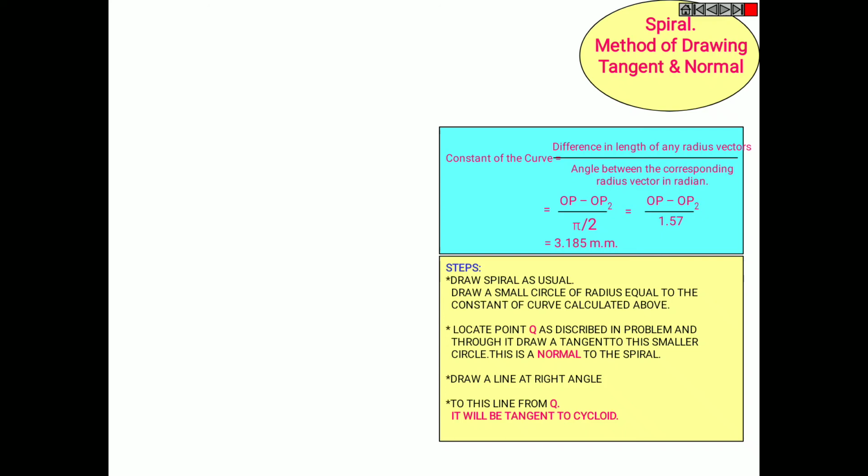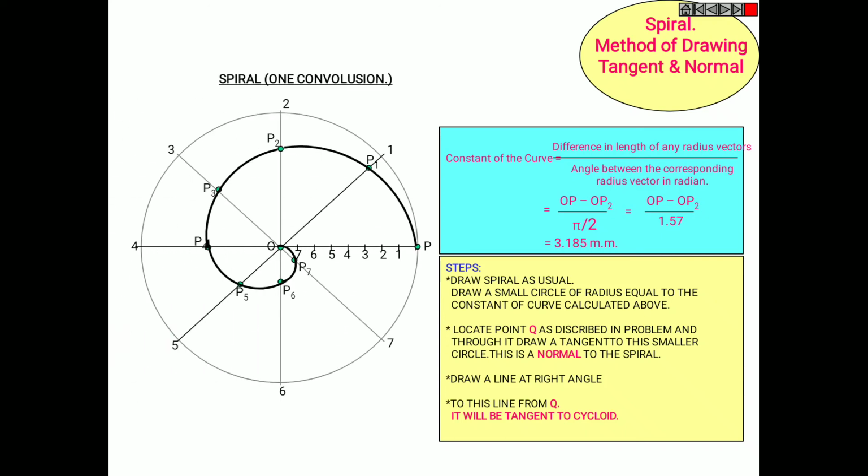So same, draw the spiral as usual. For one convolute or two convolutes, draw a small circle of radius equal to the constant of the curve calculated above. So locate point Q as directed in the problem, a point anywhere on the curve, and name it as Q. Through it draw a tangent.